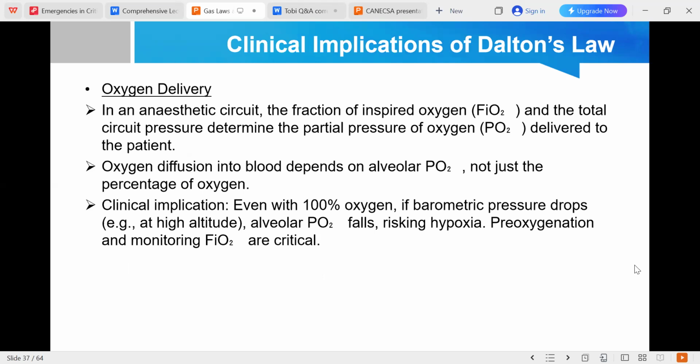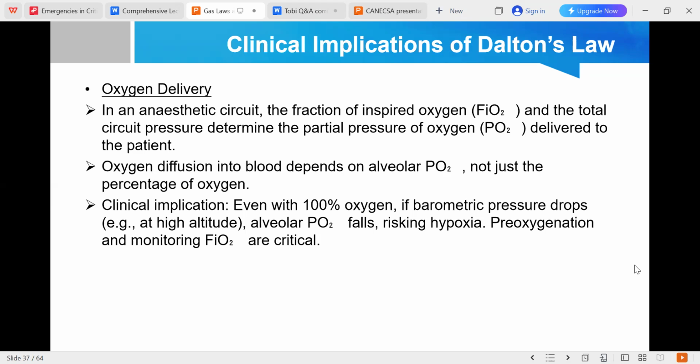Number one is in oxygen delivery. In an anesthetic circuit, the FiO2 and the total circuit pressure determine the partial pressure of oxygen that you deliver to the patient. So it's not just the FiO2.